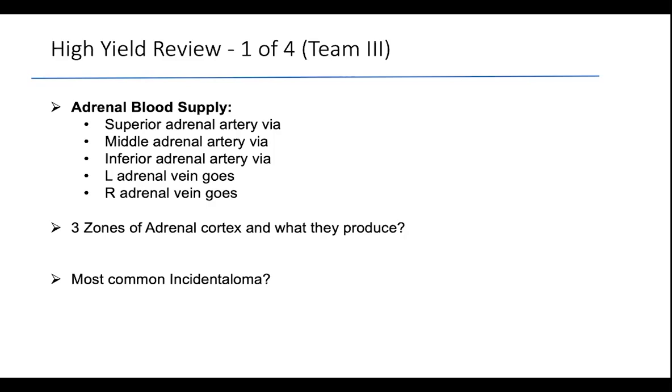Yeah, so superior adrenal artery via inferior phrenic, middle adrenal artery via the aorta, inferior adrenal artery via the renal artery. Left adrenal vein goes into the left renal vein. And then the right adrenal vein goes into the IVC.